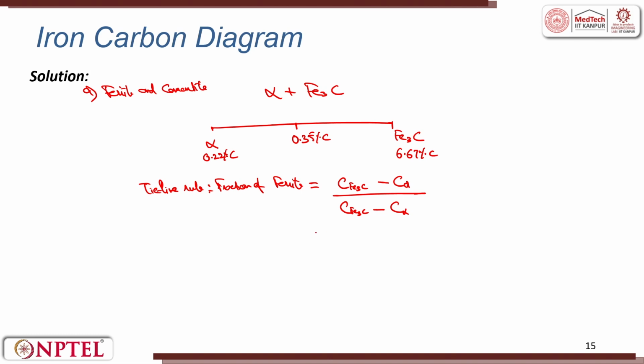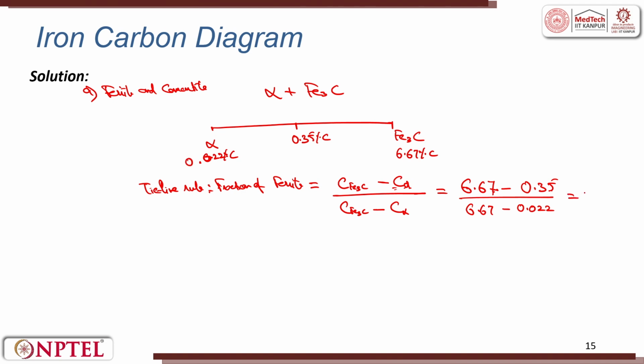So, this is equal to 6.67 minus 0.35, that is the composition of interest given in the problem statement, over 6.67 minus 0.022.